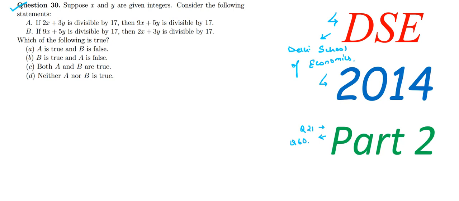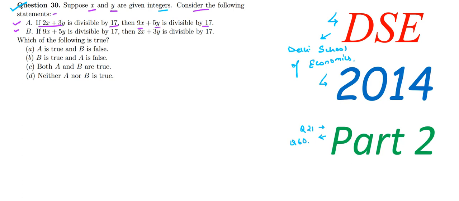So question 30 says, suppose x and y are given integers. Okay, so we have been given two integers, x and y. Now consider the following statements. We have two statements A and B. So let's check statement A. If 2x plus 3y is divisible by 17, then 9x plus 5y is divisible by 17.